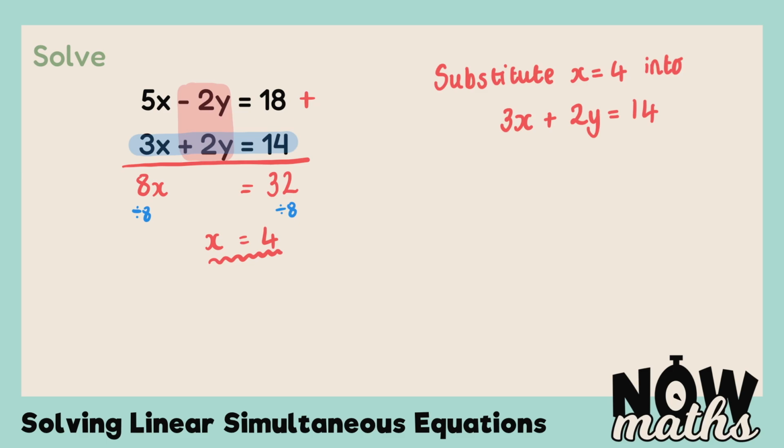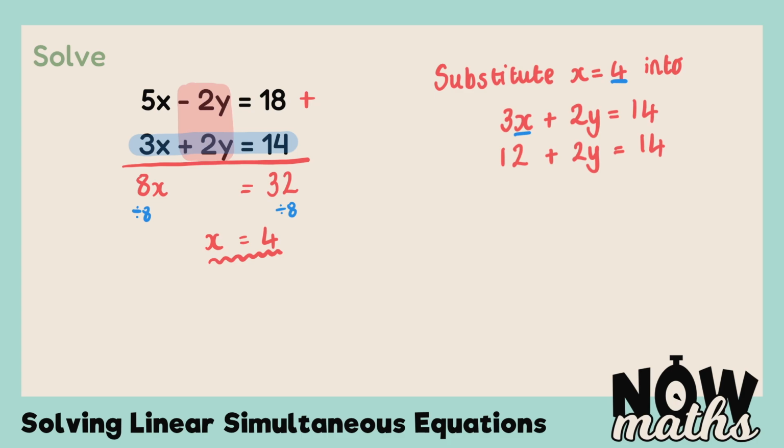And if we're substituting x for 4, that means that 3x is 3 multiplied by 4, which is 12. And we have add 2y equals 14.